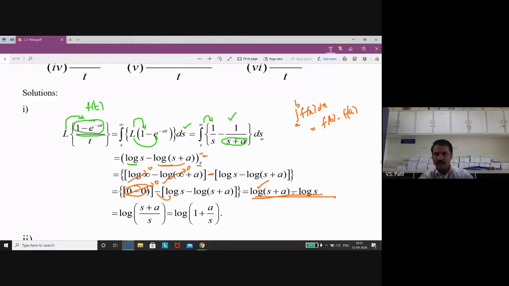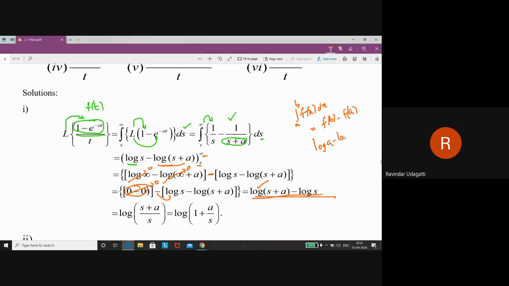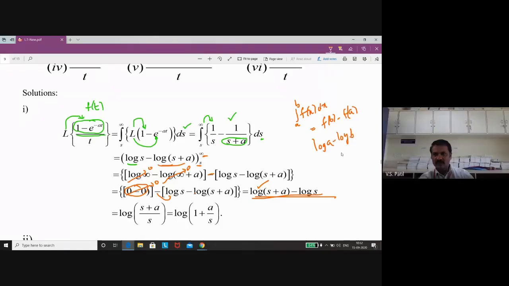Log a minus log b. So log a minus log b means what you are going to do there? Log of a by b. Good. At least you should remember basic properties of logarithms, which are very, very useful. Log a by b. So using that, you can write this one as log of s plus a divided by s.